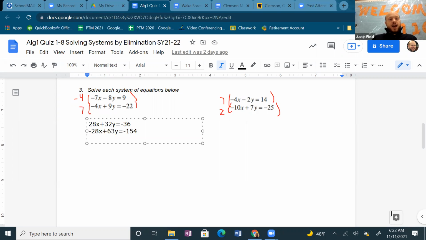Okay, then we see the x's cancel, right? Then how many y's do we have? We have 5, and then the 95. 95y equals, and they're both negative, so add those together. Okay, I'm having trouble adding these together. 36 and 154.